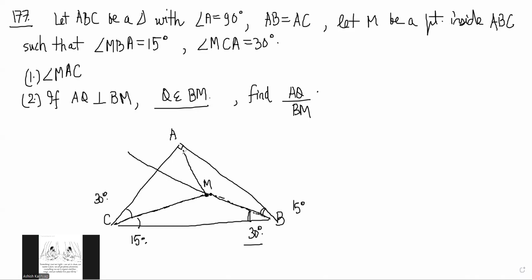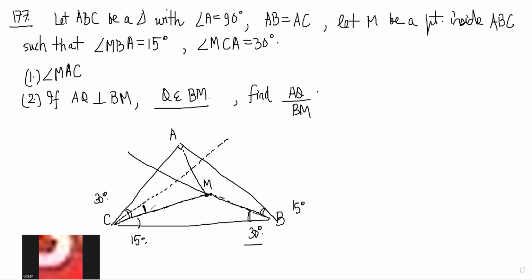BM, AM. Now think about it. This angle was 30. If I made a bisector here, what will happen? I will get 15 here, right?